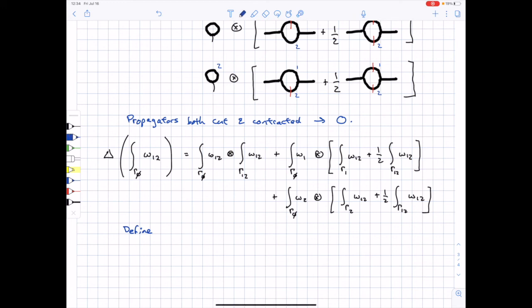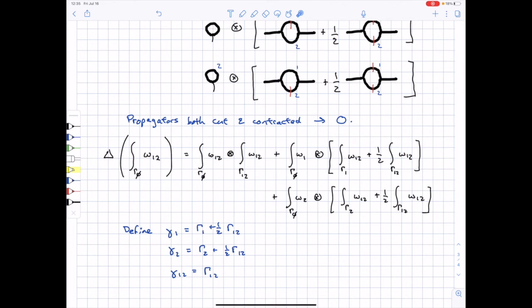So let's call this small gamma 1 is big gamma 1 plus 1/2 gamma 1, 2. Similarly for small gamma 2. And then just for completeness, let's also have small gamma 1, 2 equals big gamma 1, 2, which will replace this one here.